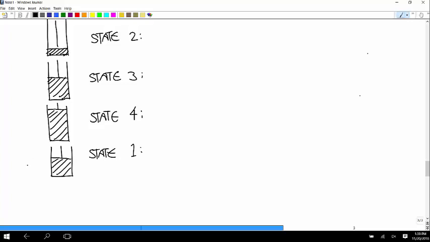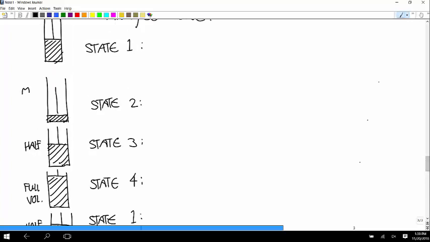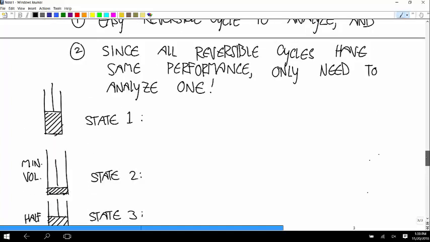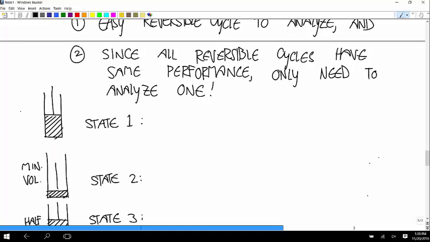Okay, so this is half, full volume, half. This is minimum volume. And state 1 is half.